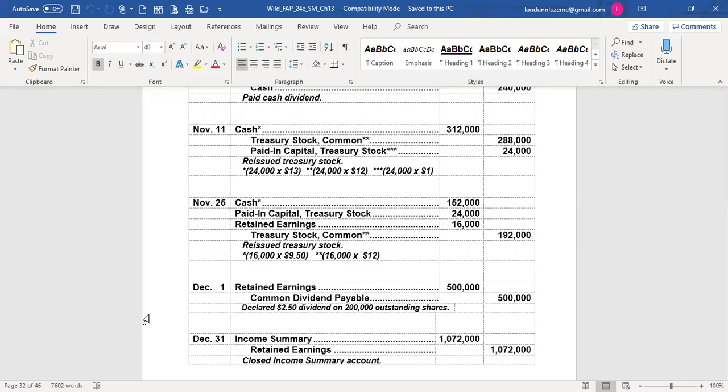So I'm getting $2,476,000, but I'm just going to double check that because I don't trust my calculator here.